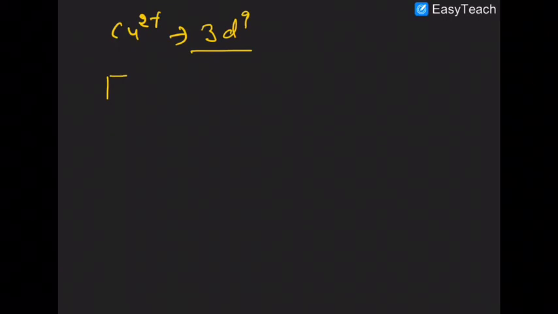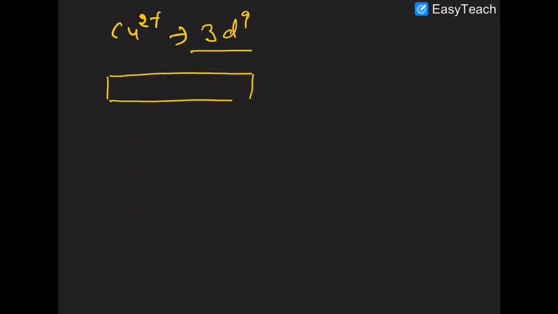Okay, look at the scenario. Here the copper exists in the +2 state. So what is the +2 state? In the case of copper 2 plus, it is 3d9.